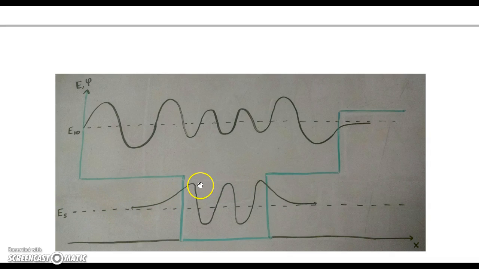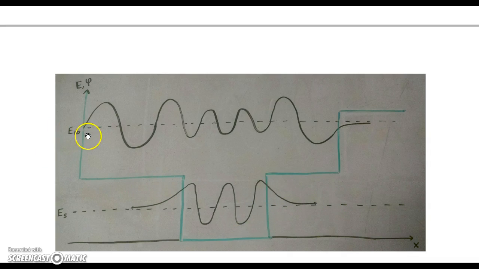And then when we get into the well itself, we're allowed to be in here, and then we start oscillating. So we're going to oscillate back and forth with some constant wavelength because we have constant potential. And then we're going to have 5 antinodes once again, and we're going to decay into this region here off to infinity.